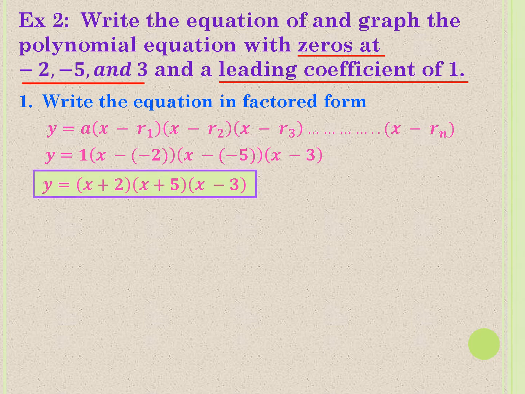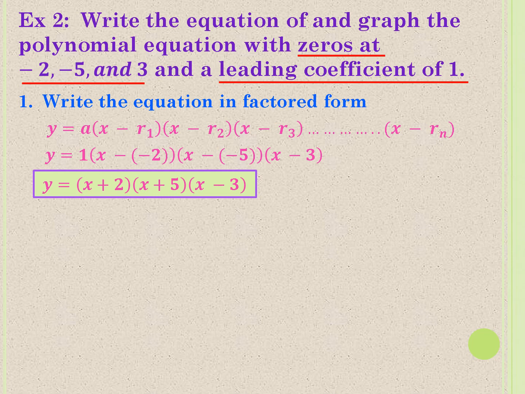Now you're going to see I dropped the leading coefficient of 1 because it's an understood 1. Okay, so step 1, since they gave us the roots or the zeros, we just flip-flopped the tables and said, okay, we're going to put it in factored form now. If they start with factored form, then you just pull the roots out. Okay, so that step is a little bit interchangeable.